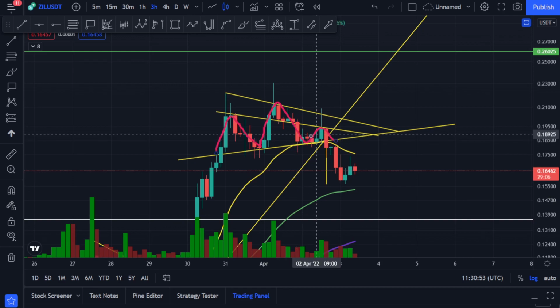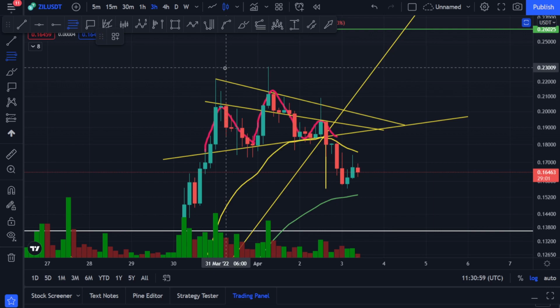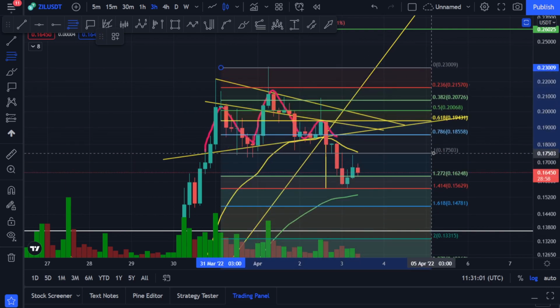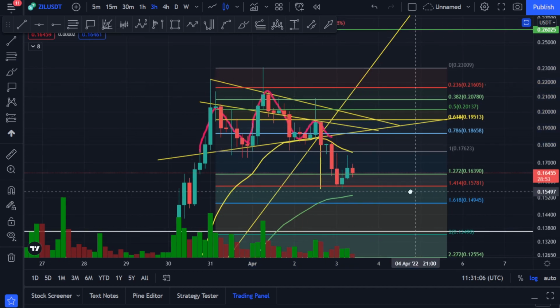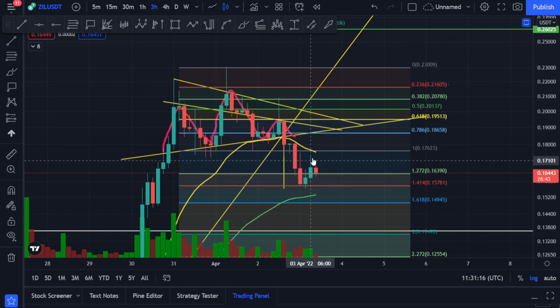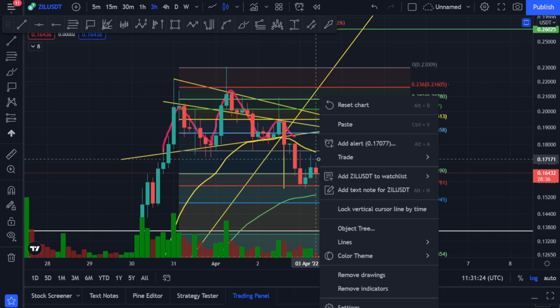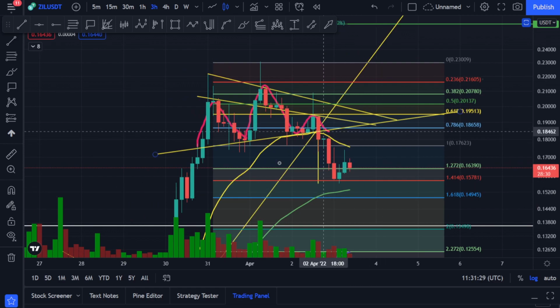Now if you take this into consideration, you could also bring a Fibonacci level and measure this move from the top to the bottom, and you can see again, the 1.414 came in as a support for Zilliqa coin, and we came in over here, and now we have maybe a little bit of a recovery going on, but again the 20 moving average is coming in as a very strong resistance, and might move the price a little bit down.